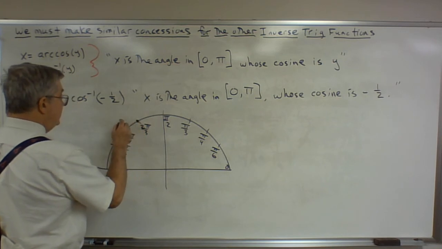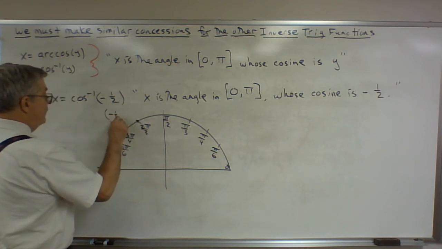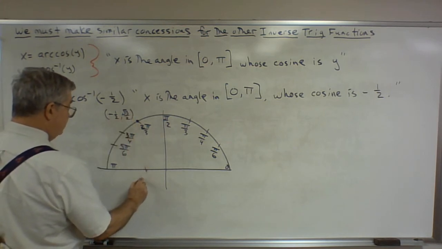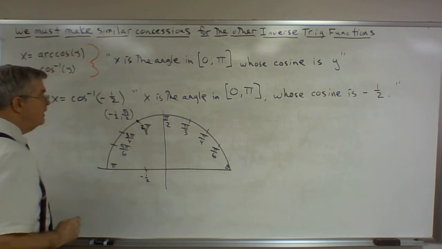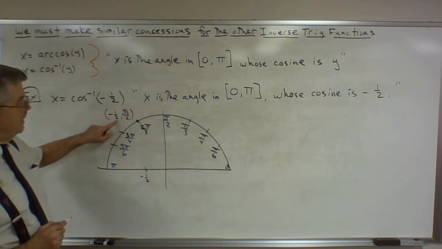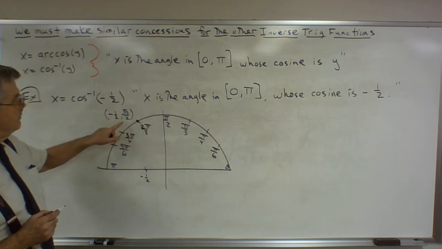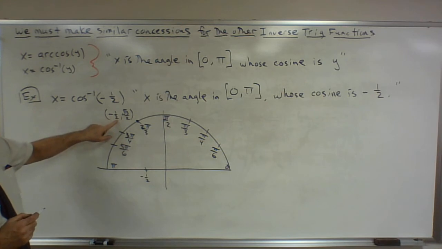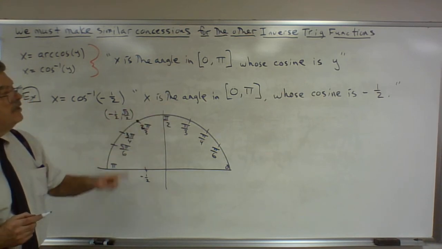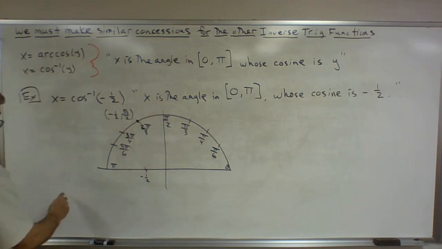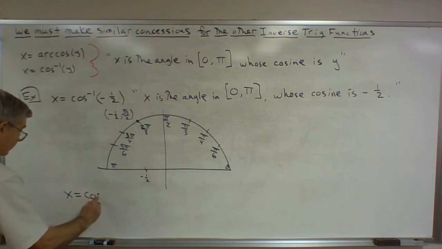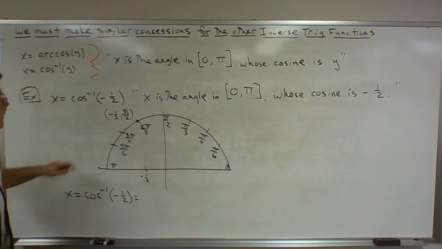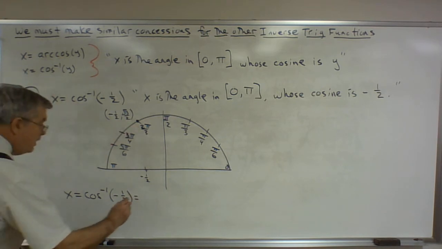And right here, the x-coordinate is negative 1/2. The y-coordinate is square root of 3 over 2. So the x-coordinate, negative 1/2, this is our cosine. At the angle of 2 pi over 3, the cosine of 2 pi over 3 is negative 1/2. X is the angle whose cosine is negative 1/2. X equals cosine inverse of negative 1/2. That angle is 2 pi over 3.